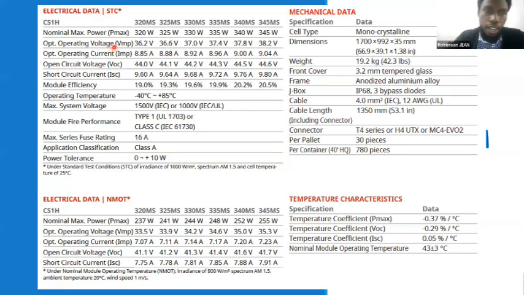And also we have the operating voltage and the operating current, which are very important for the coupling with the inverter, and also if there's a regulator, or a battery energy storage system, for the coupling it is very, very important. And also we have the open circuit voltage and the short circuit current. Another important thing is the operating temperature, because if the temperature is varying, the efficiency of the panel will vary.